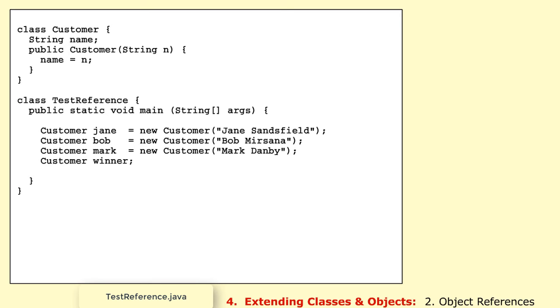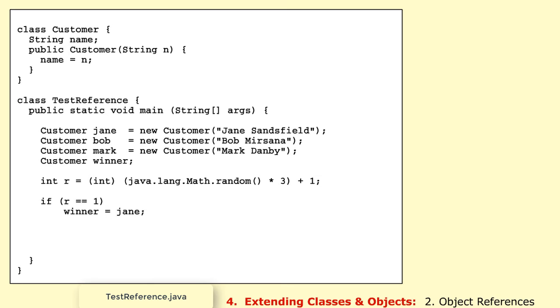Our goal is to randomly pick one of the people as the winner and then point the reference variable winner to the corresponding object. Here the Java random function is called to return a value between 0 and 2. Here we use multiple if statements to check the result and set winner to one of the objects.